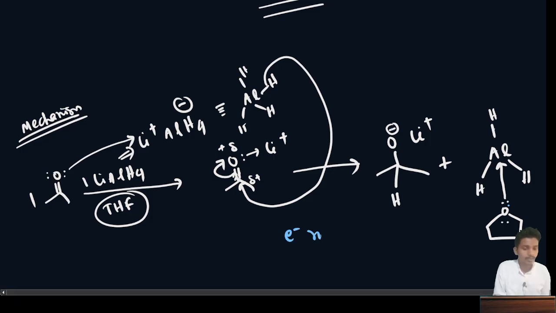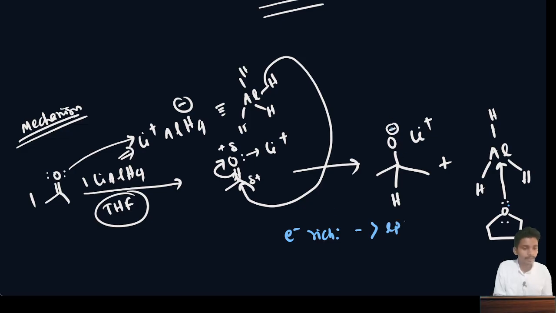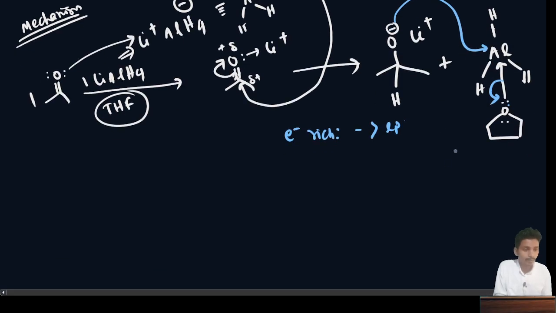So this negative charge attacks the aluminum and the coordinate bond is removed, because the electron density of the negative charge is high compared to the lone pair, and the electron-deficient aluminum needs electrons.